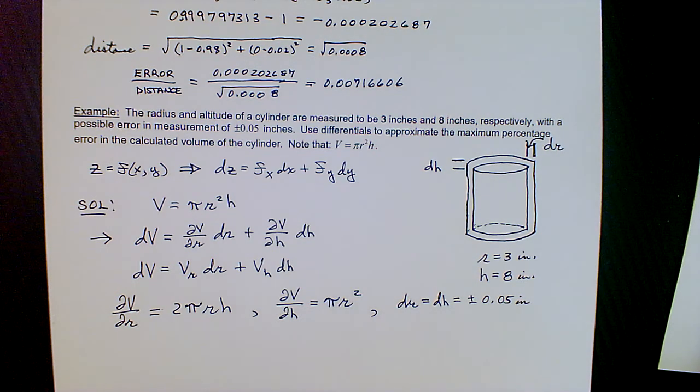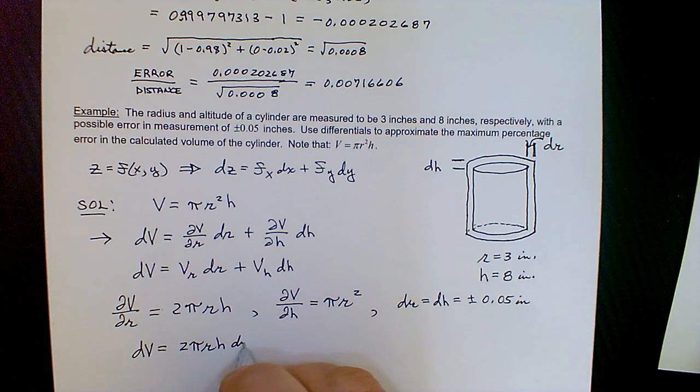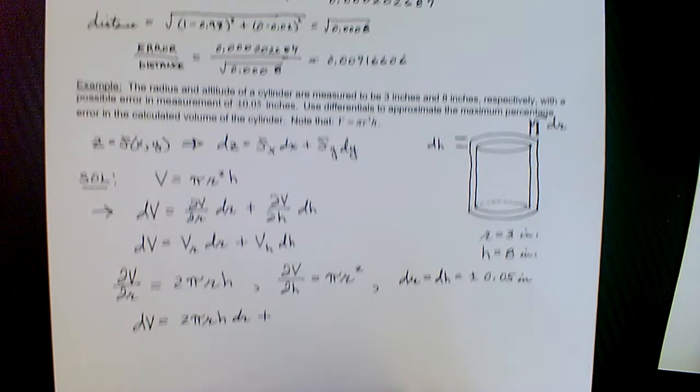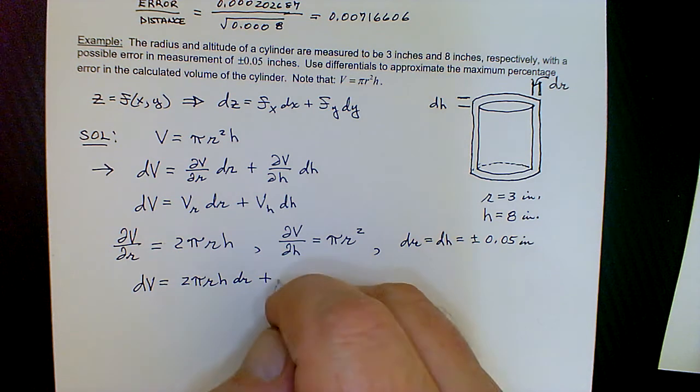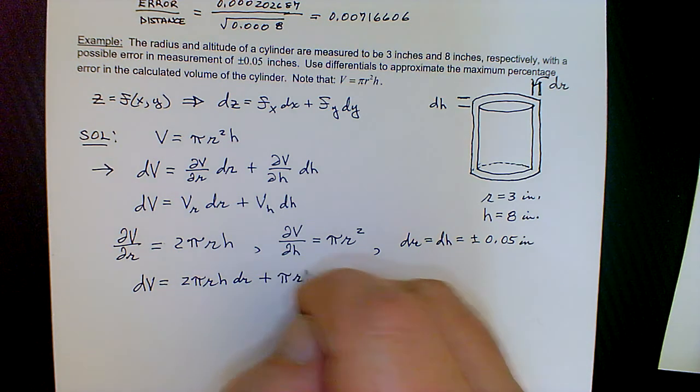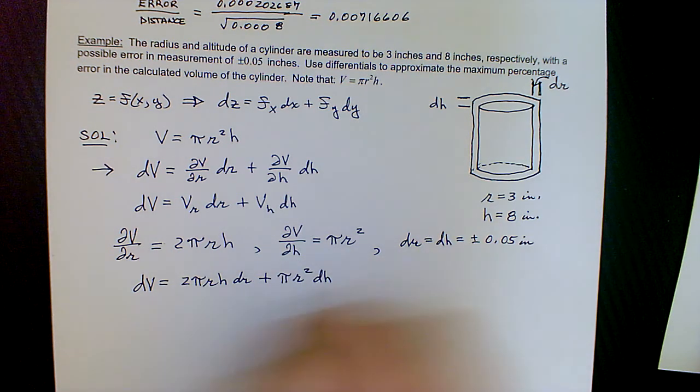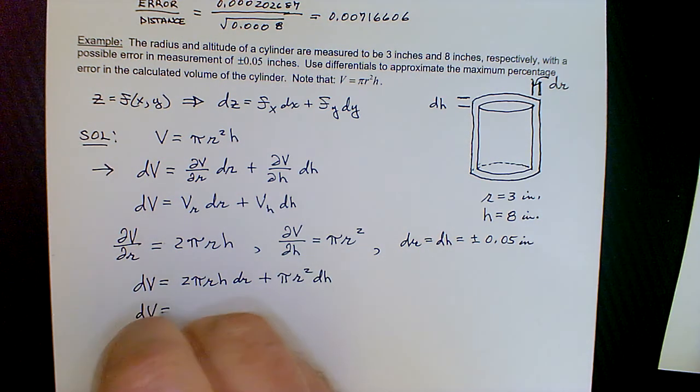So then we can go to our formula. The differential dv is dv dr, so that's 2 pi r h times dr, and then plus dv dh, that's pi r squared, times dh, and now it's just a matter of plugging in.